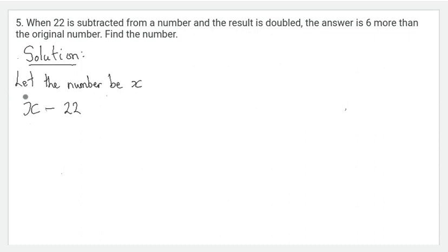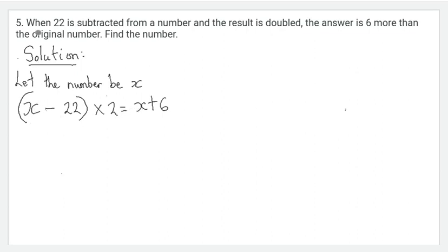So we're going to use this result, x minus 22. When the result of x minus 22 is doubled, times 2, the answer is 6 more than the original number. That means the original number plus 6. So this is what the question is saying. You have to interpret your word problem correctly in a mathematical manner.